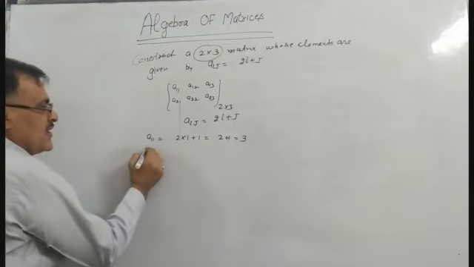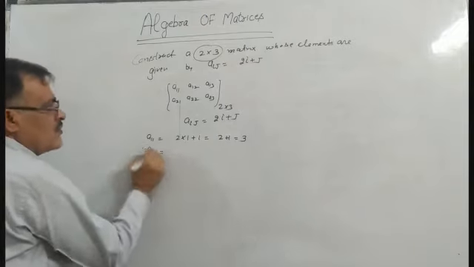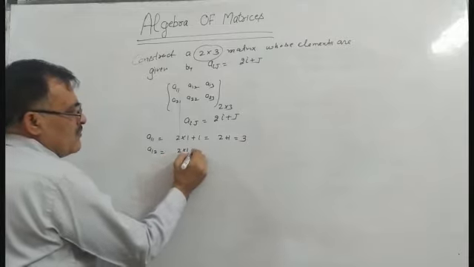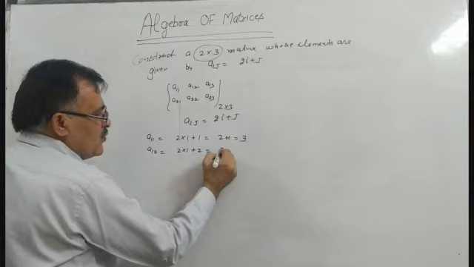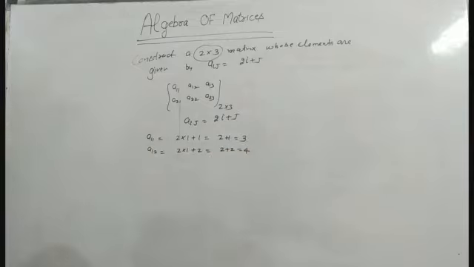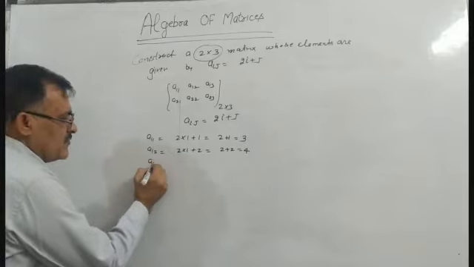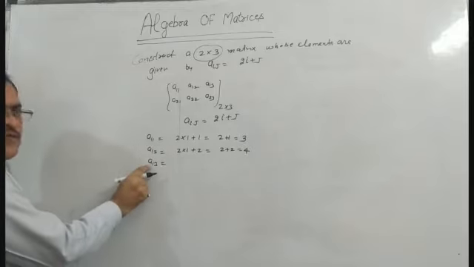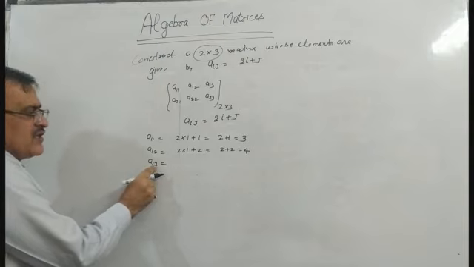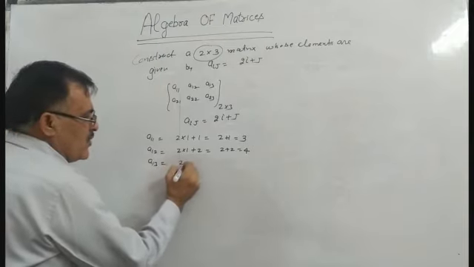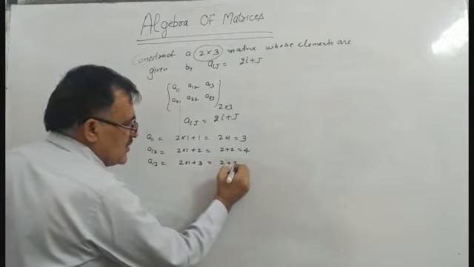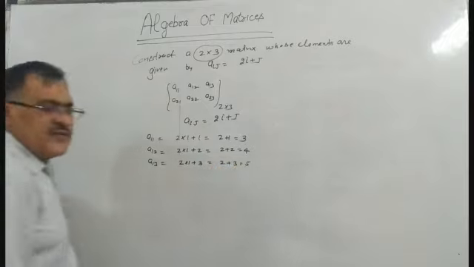In the second, A12. 2 into 1 plus 2, this is equal to 2 plus 2, that is 4. A13, put the value of i as 1 and j as 3 here. 2 into 1 plus 3, 2 plus 3, that is equal to 5.